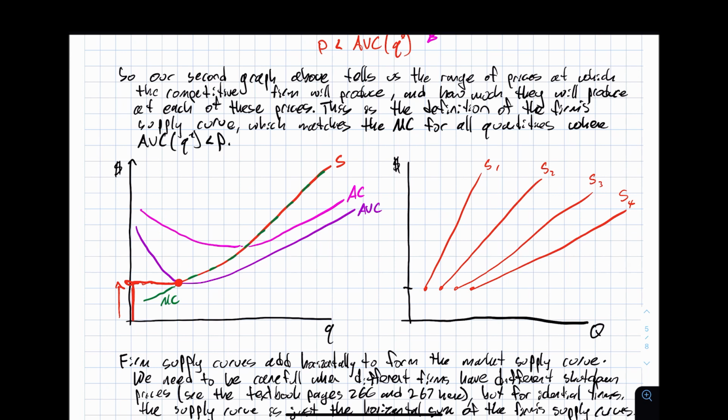And then once we're above average variable cost, we just follow the marginal cost curve. So we get this sort of piecewise supply curve. When the price is too low, we produce zero. And when the price is appropriate, our marginal cost is our supply curve.